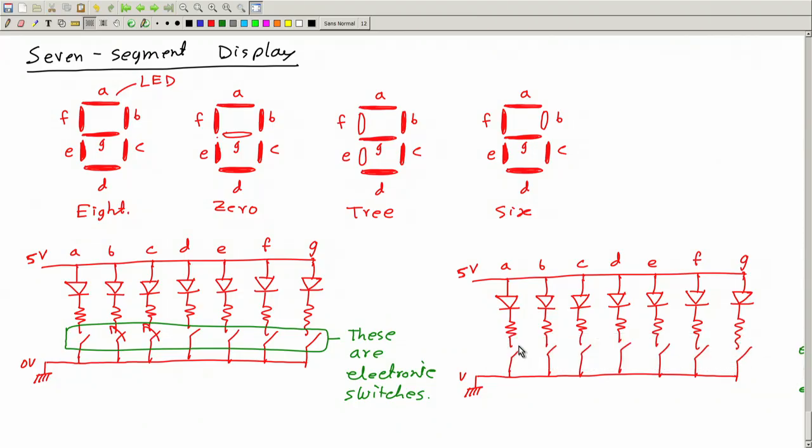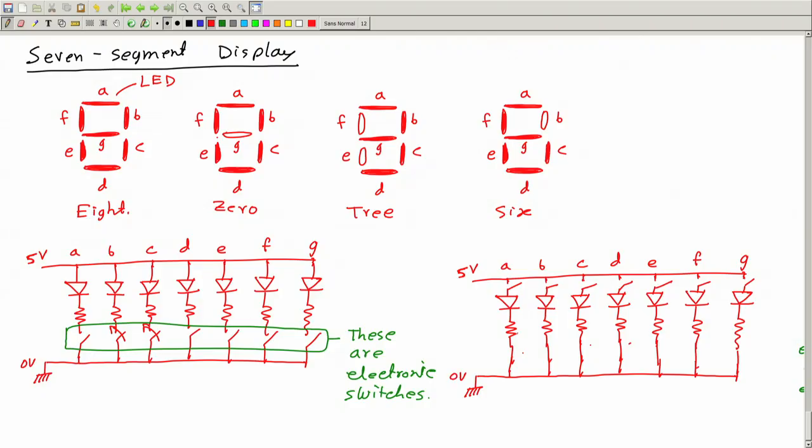Let me just join them and put switches on this side here. So this is called now common cathode connection. Okay, so this is also possible.